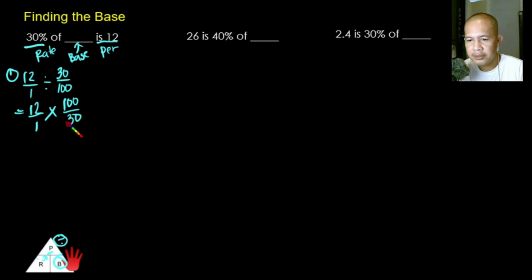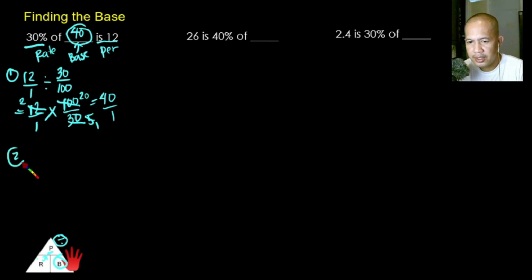And we can apply the cancellation method here to make it smaller. 30 divided by 6 makes 5, and 100 divided by 6... that is 2. And also we can cancel here: 5 divided by 5 is 1, and 20 divided by 5 is 4. So 2 times 20, it's 40, and 1 times 1, it's 1. So we can say that 30% of 40 is 12. So the missing base is 40.